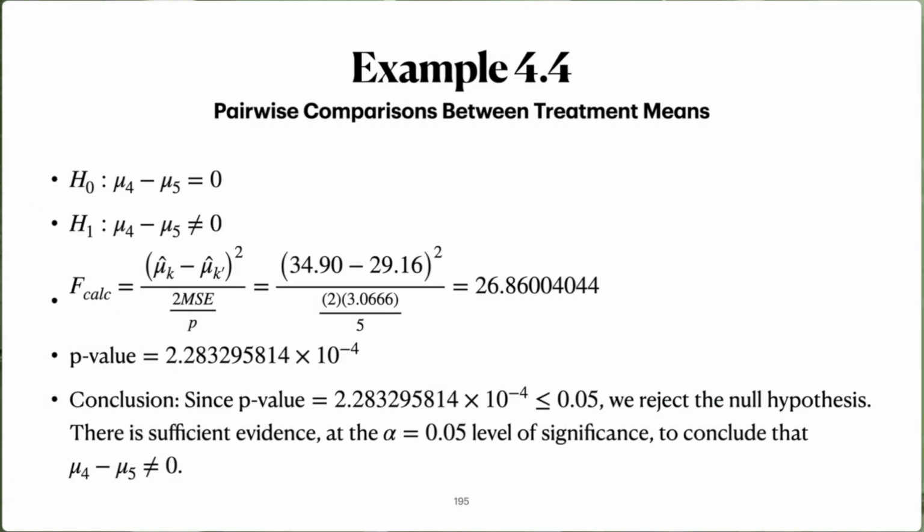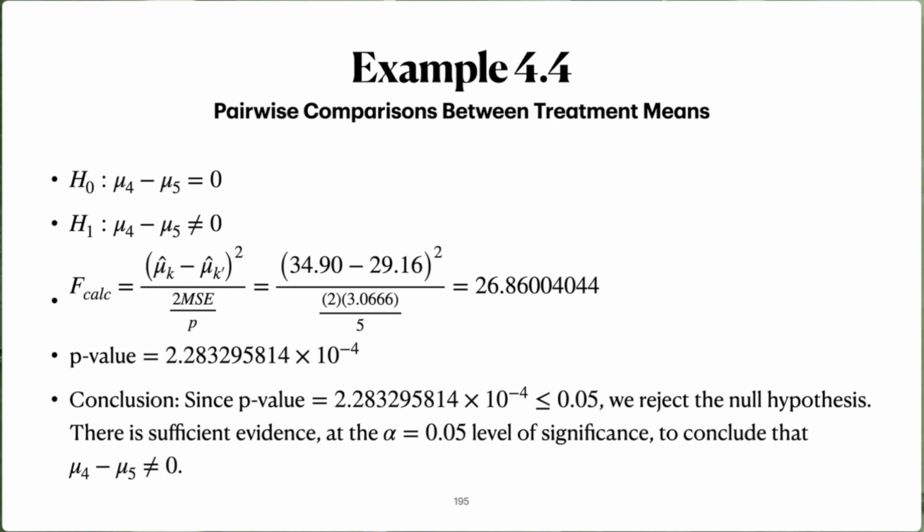And then finally, performing the last pairwise comparison between means 4 and 5. The F statistic here is 26.86, rounded to 2 decimal places. The p-value for this test is 2.2833 times 10 to the minus fourth power.